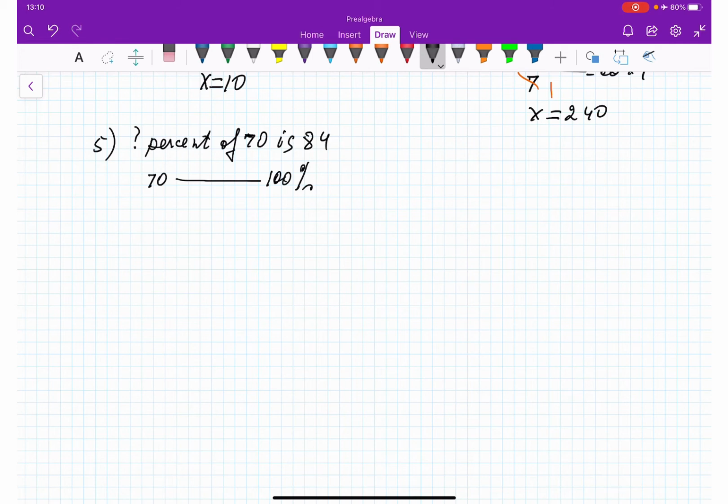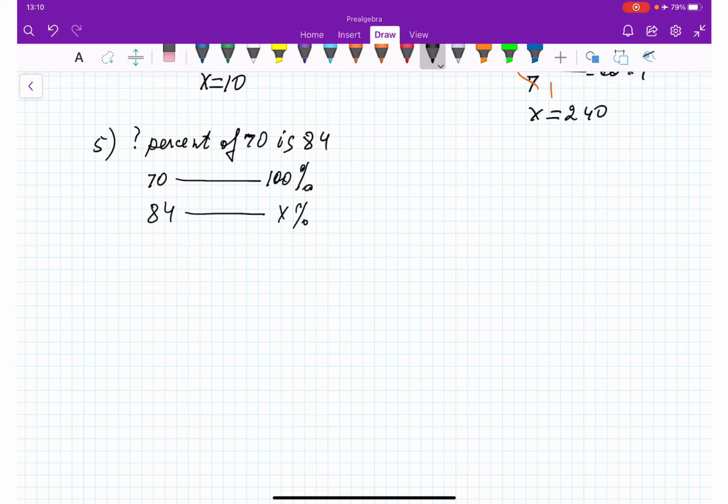Which means 70 is 100%, and 84, it's going to be our x percent, correct? Now take a guess. If we have 70, it's 100%, then more than 70, it's going to be 100 plus percent, right?